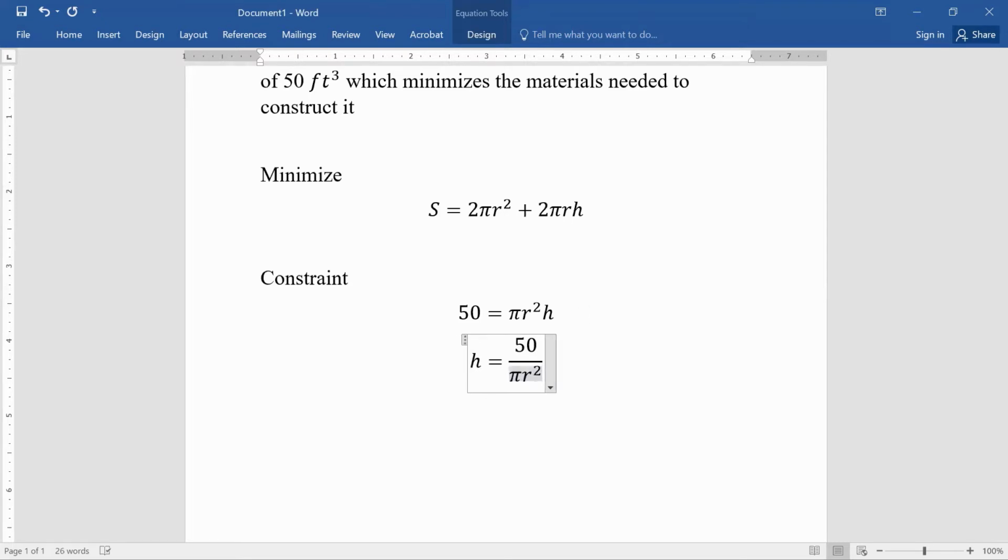And then I'm going to plug in 50 divided by pi r squared for h in my surface area equation. So S for surface area is 2 pi r squared plus 2 pi r times h, and again, I'm replacing h with 50 over pi r squared.